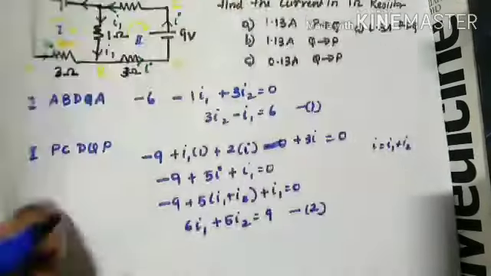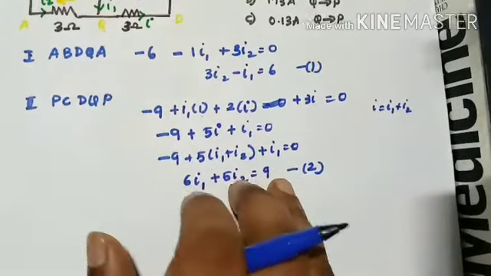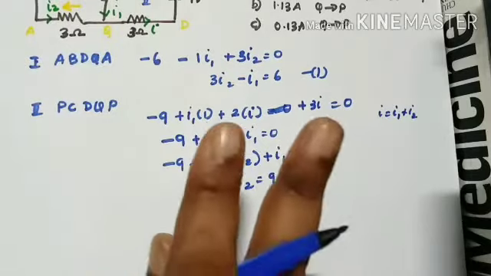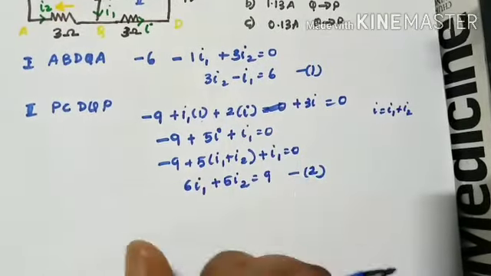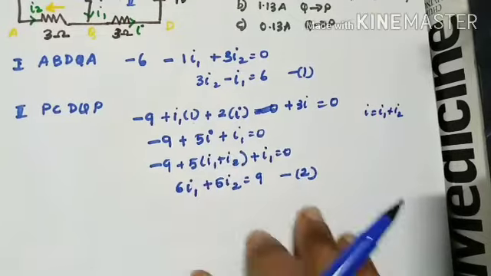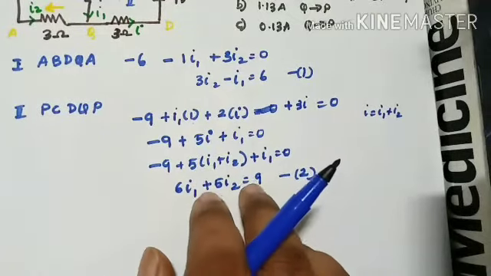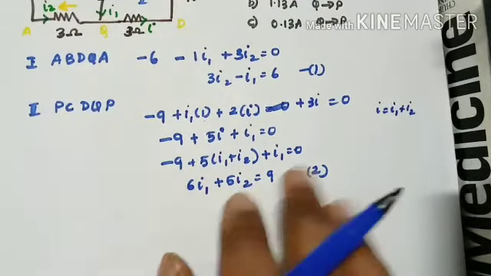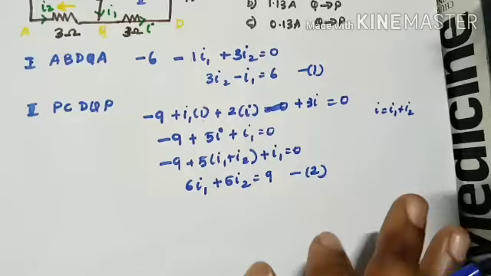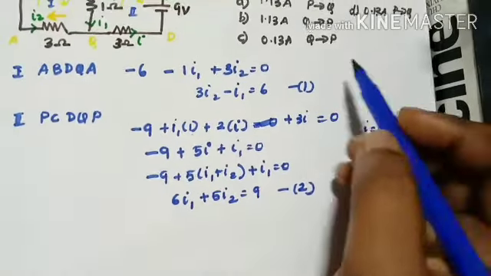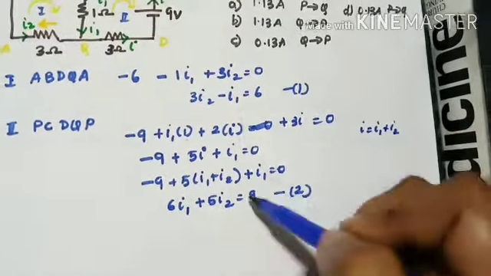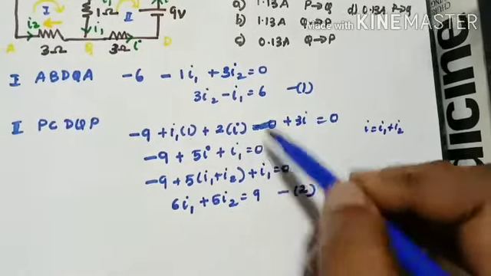Clear? Right. Now you got 2 linear equations with 2 variables. If you want, you can write I1 as x, I2 as y, as you want. But I would prefer that you go by I1 and I2, because later on you might forget to replace it with I1 and I2. So what would you do? You have the first equation, right? I will multiply to make any one term common, any one term I want to make common.